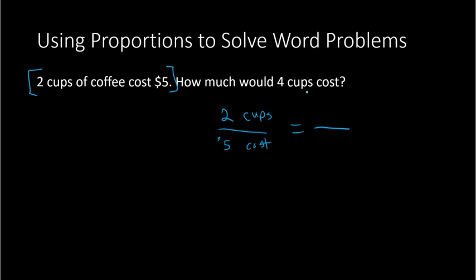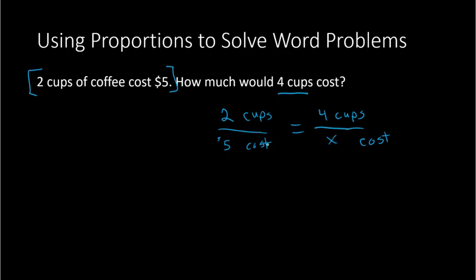So how much would 4 cups cost? So 4 cups would go on the top of this other fraction because the cups were on the top over here on the left side. Put the cups on the top on the right side. And then on the bottom should be cost, and that's what we're trying to find, right? How much would 4 cups cost? That's your unknown. That's going to be your variable.